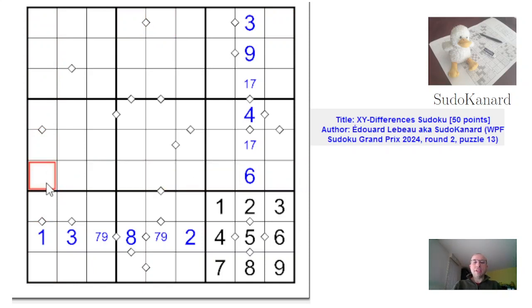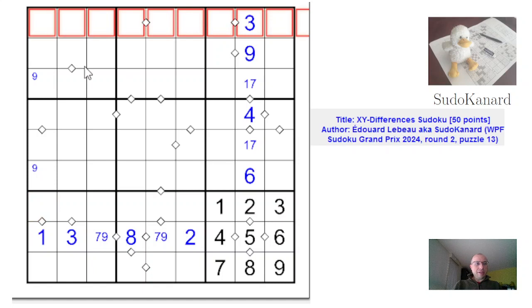So this would be a possible place for 9. This would be a possible place for 9. This would not. But actually, this wouldn't work because 9 here would mean that the difference is 8. So 8 would go there. And this would be 11 or minus 5. So that's not a possibility.